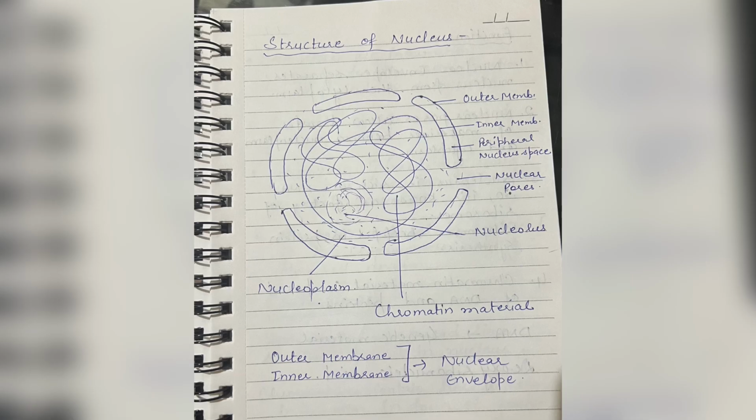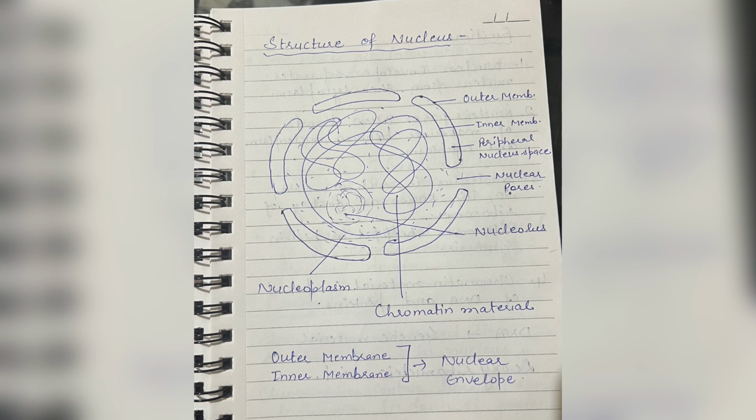Next is the structure of the nucleus. Basically, we discussed the four components of the nucleus, that is the nuclear envelope, nucleoplasm, nucleolus, and chromatin material. Now in this structure you can see the nuclear envelope is made up of two membranes, the outer membrane and the inner membrane.